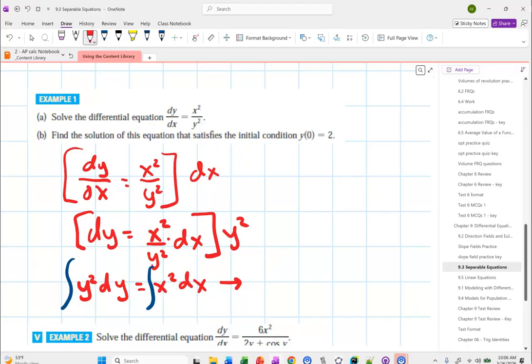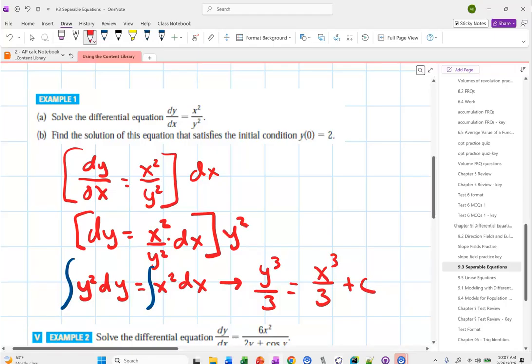What's the antiderivative of y squared? Okay. And the antiderivative of x squared? Yep, same thing but x's. And then I need something else here, plus c. Very good.